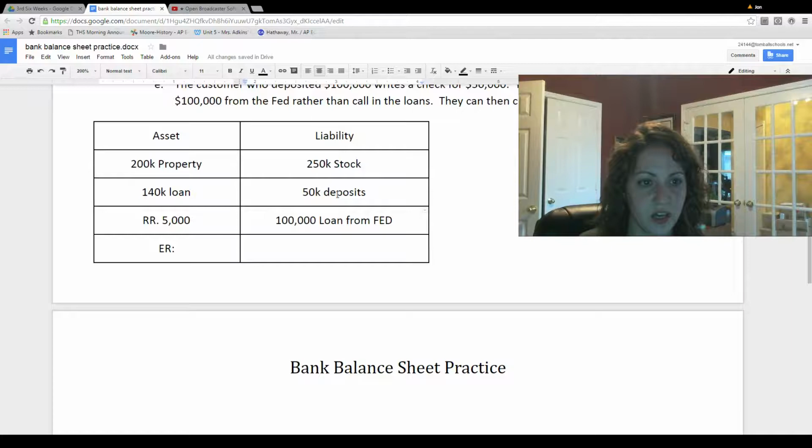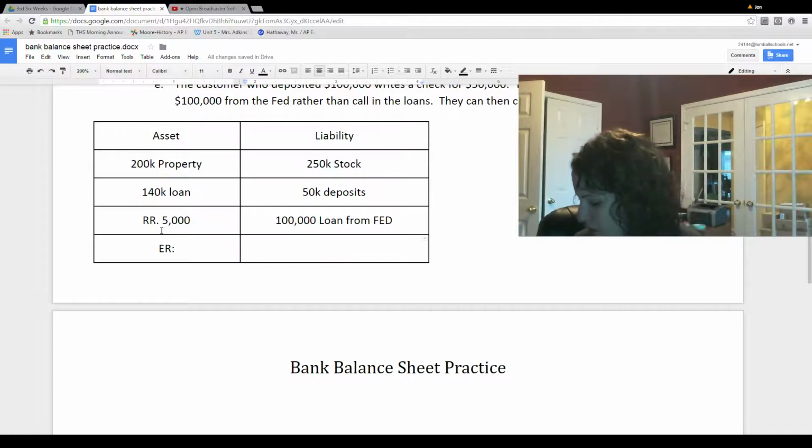Okay, we're not even here. We have 250 plus 50 plus 100,000 for a total of, well, that's going to be 350, 400. This doesn't add up to 400. So let's see here what the excess reserves have to be.